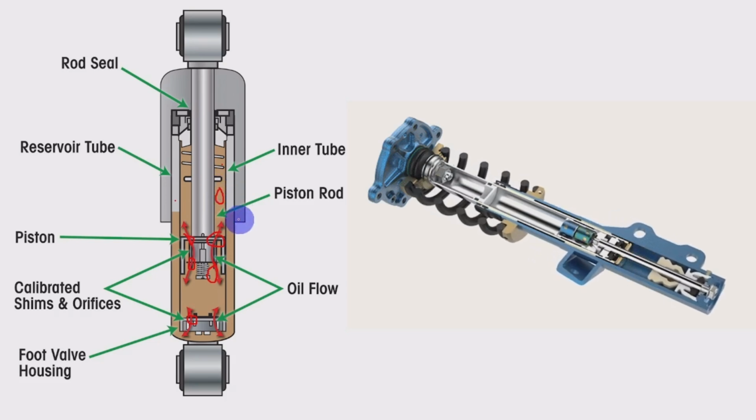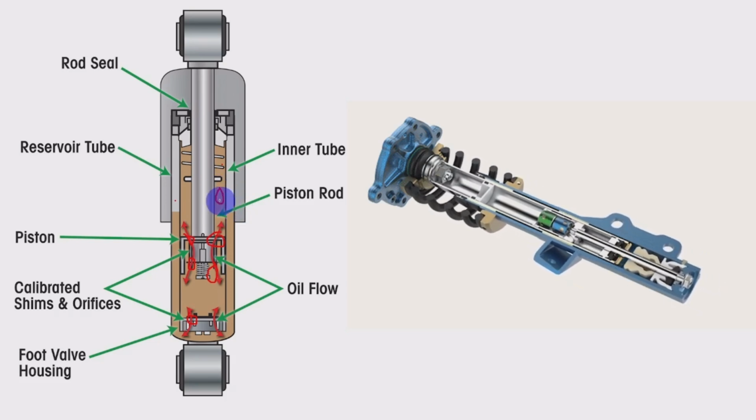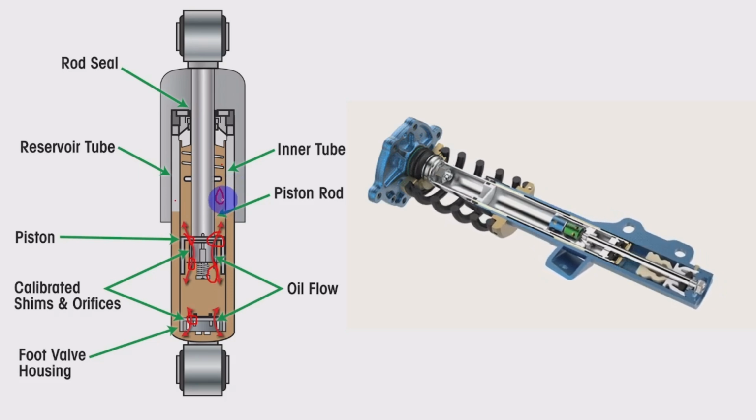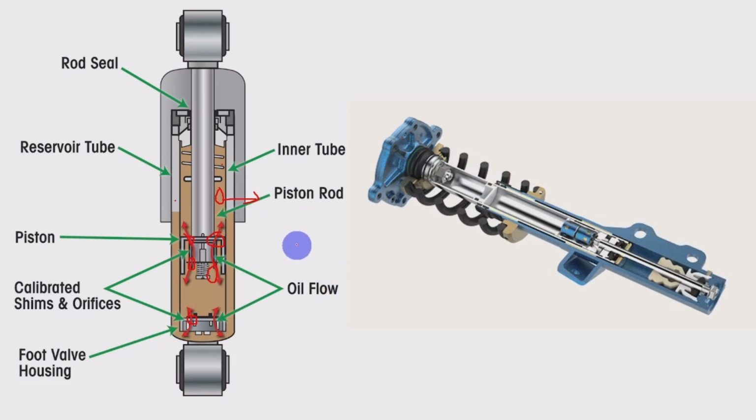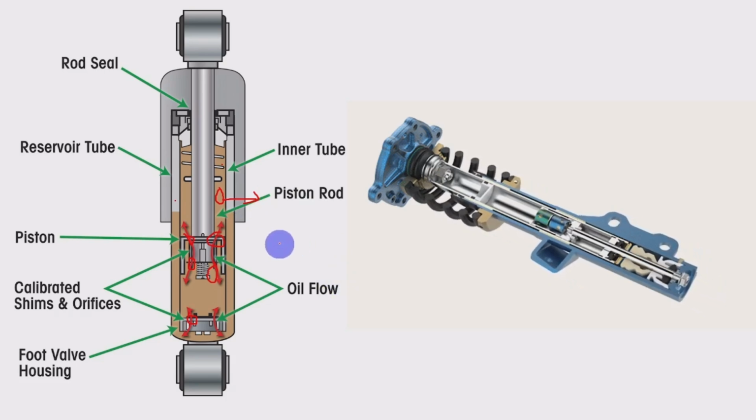The fluid will get heated, and later that fluid will dissipate heat to the outside. Like this, the damping and the shock absorption will be taking place by using hydraulic shock absorbers.